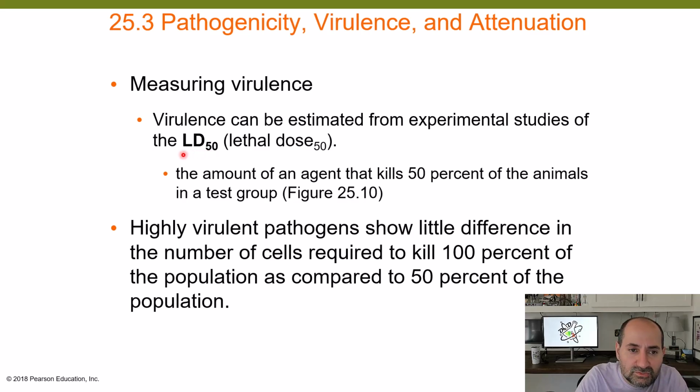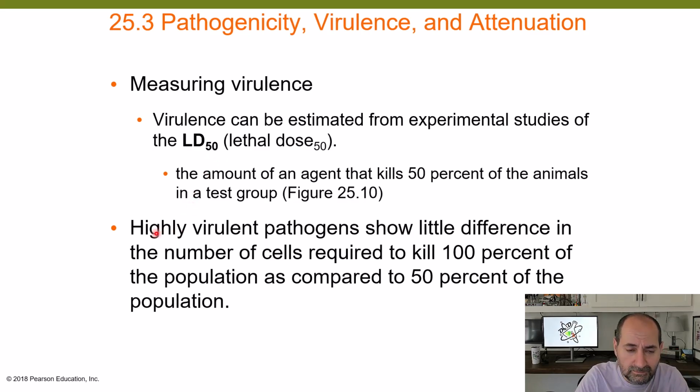They'll inject mice with varying numbers of, let's say, a bacterium species, and they will look at how many of those mice die. The LD50 is the number of microorganisms it would take to be exposed to in order to kill 50% of the test animals.